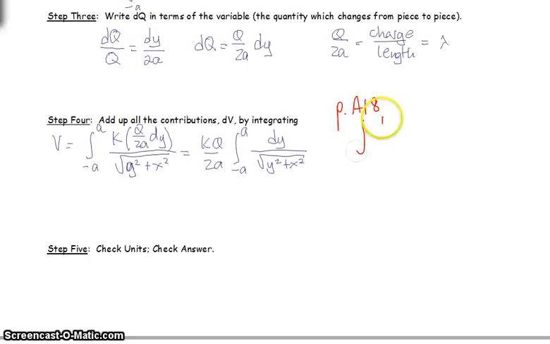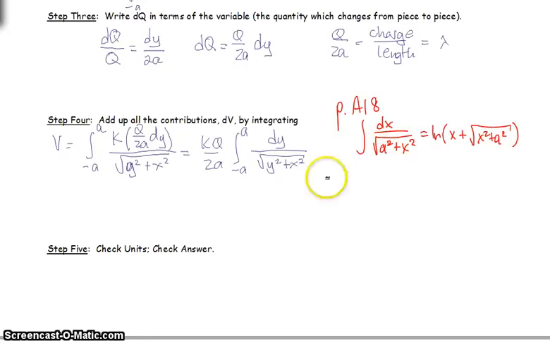It will say the integral of dx, the variable, over the square root of a squared, a constant, plus x squared, the variable, is equal to the natural log of x plus the square root of x squared plus a squared.